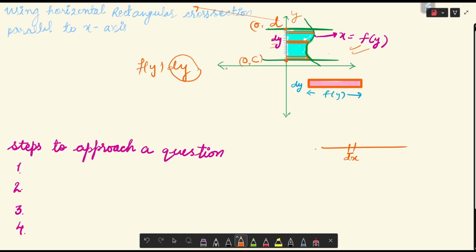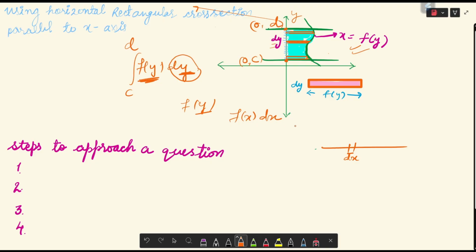We are integrating from c to d, so the limit will be from c to d. Limits will always be of this variable, y: from where to where you want to integrate, from where to where you are taking y. Okay, and this function will also be in terms of y, if here there is dy. It will be in terms of x if here there is dx. Okay, I hope it is clear.